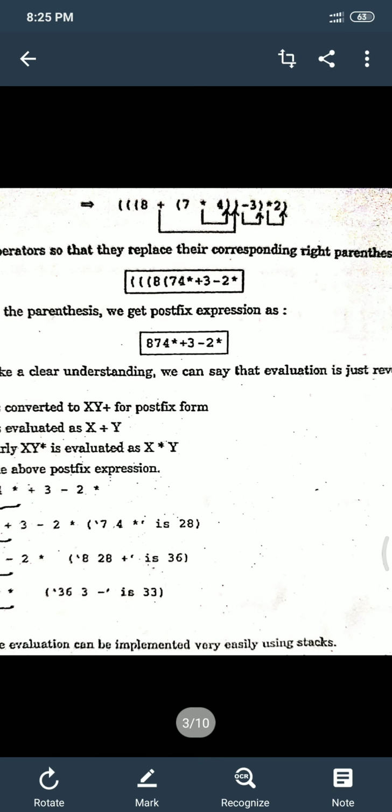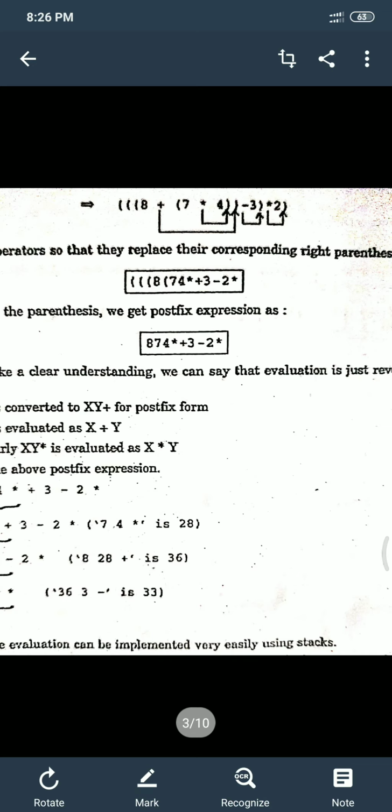In order to convert that, you could see the operator lying between 7 into 4 within the innermost parenthesis. That will be placed after 7 4 multiplication, and then the second parenthesis will be evaluated, that is 8 7 4 star.